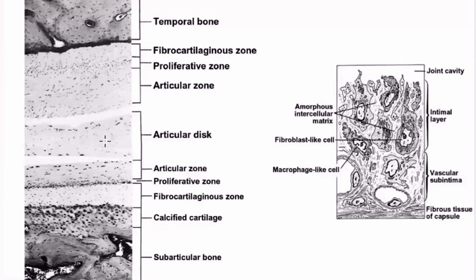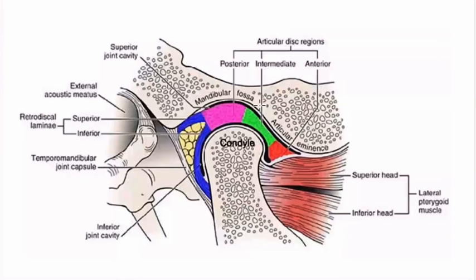When the pressure is released, the glycosaminoglycans attract more water inside. So the water movement, the hydrostatic pressure and the synovial fluid movement, depends upon the activity of the joint, whether it is in use or not.